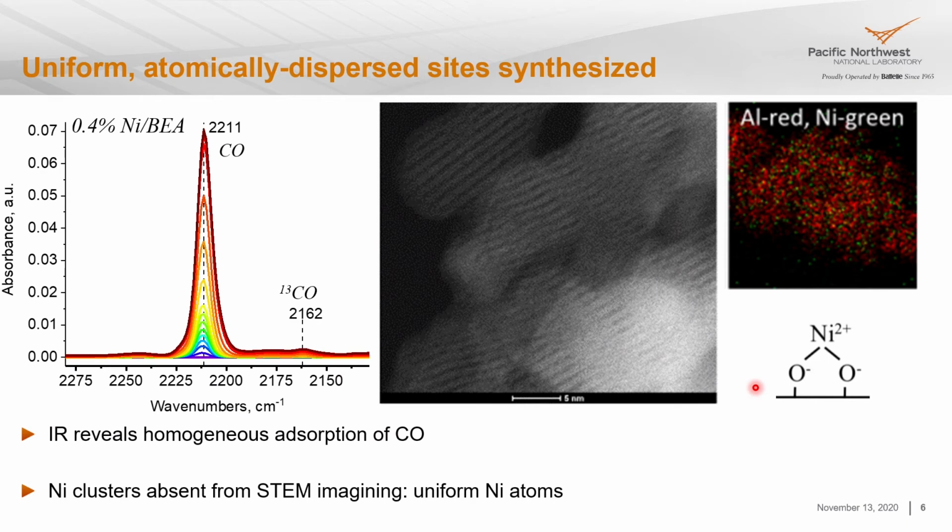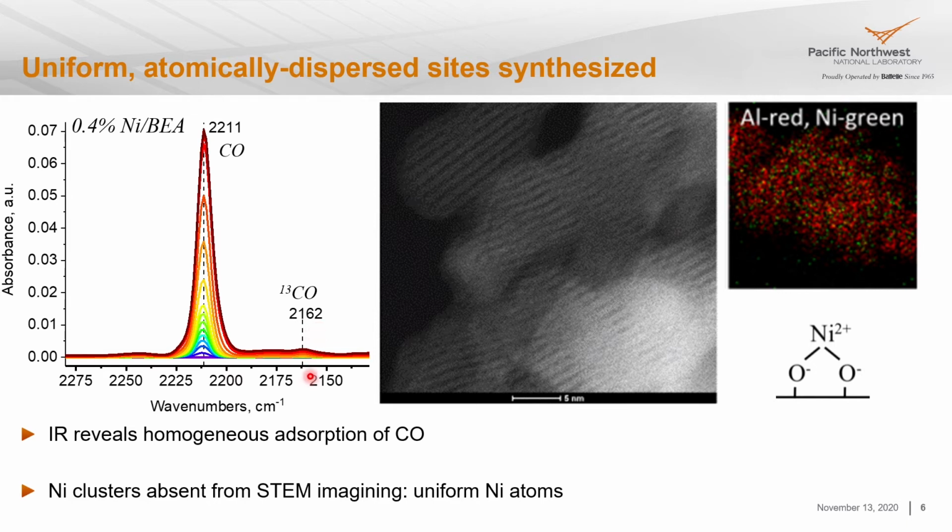We characterize these materials with infrared spectroscopy, CO adsorption, and what we see is a nice, pretty clean spectrum of CO on nickel at 2211 here, suggesting to us that we are forming uniform and atomically dispersed sites. This peak at 2162 is from the C13 isotope.